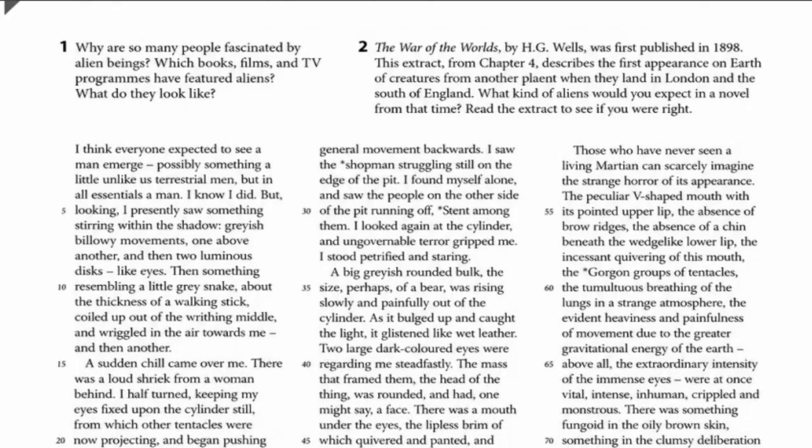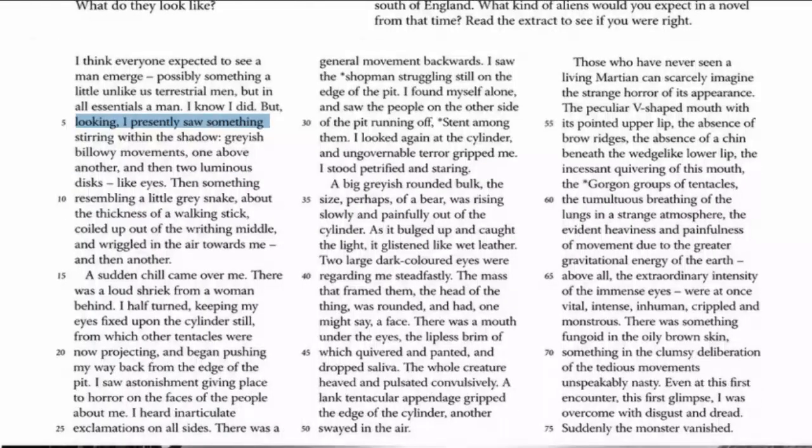I think everyone expected to see a man emerge, possibly something a little unlike us terrestrial men, but in all essentials, a man. I know I did, but looking, I presently saw something stirring within the shadow.